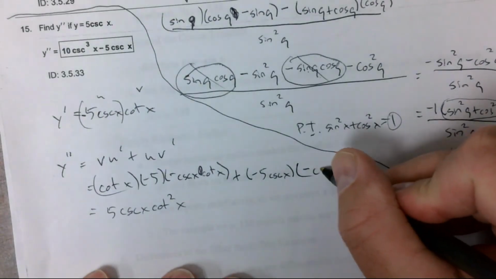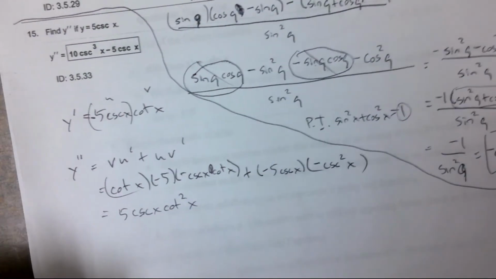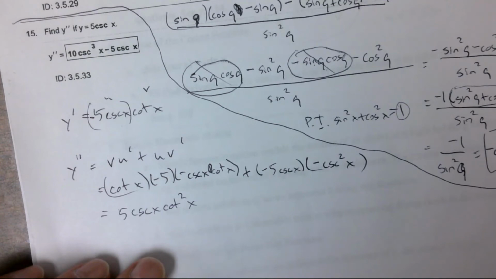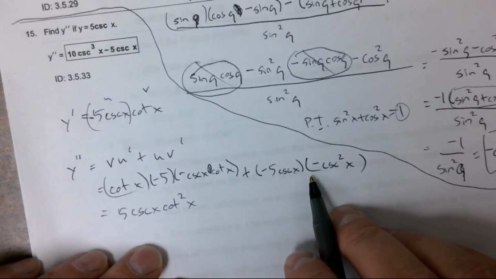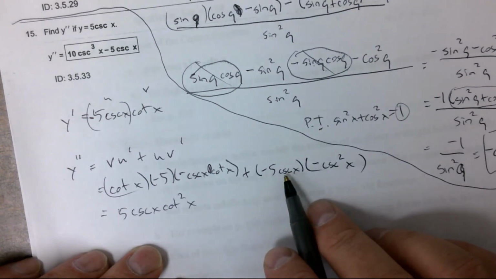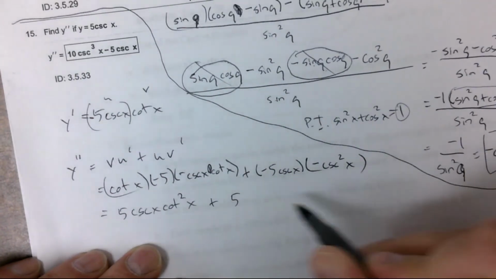Negative cosecant squared. So then this turns into plus 5, and then this is cosecant cubed.